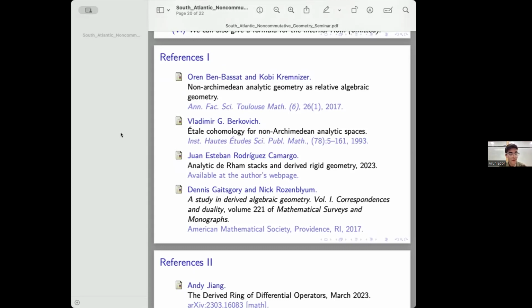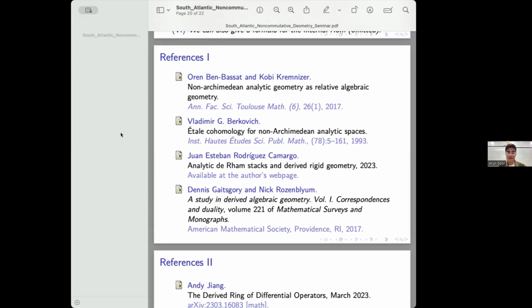So it seems like Dev has a question: the relation between the de Rham stack and rigid cohomology. I've done everything in terms of rigid varieties here.